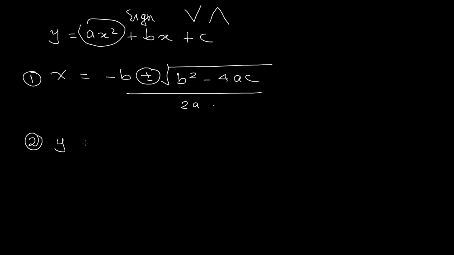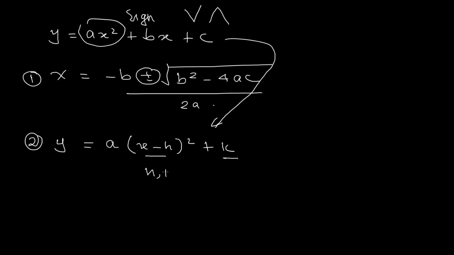When you complete this, it becomes a, x minus h squared plus k. When you change the format of this equation to that format through completing the square, the values that you get here and there, h and k, give you the vertex. So the vertex is h comma k. It's easy.